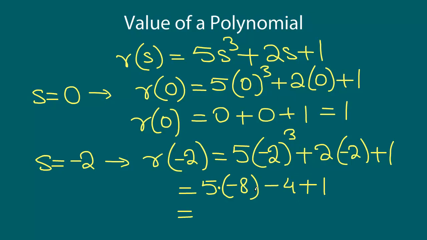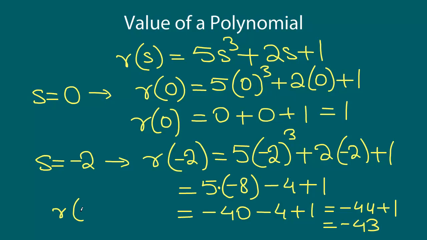So this will be minus 40 minus 4 plus 1, or minus 44 plus 1, or simply minus 43. So we say that r of minus 2, which is the value of the polynomial r at s equals minus 2, is minus 43. So this is how we find out the value of a polynomial at a particular value of the variable.